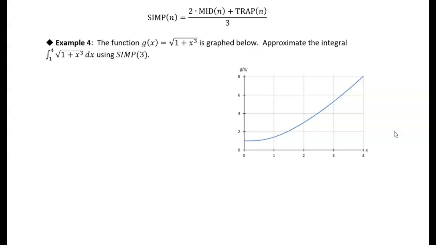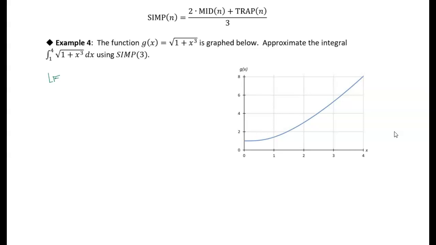Well, essentially we need to do everything, because in order to get the trapezoid rule, we have to average the right and left estimates. And so we have to calculate the left estimate, the right estimate, and then average the two to get the trapezoid rule estimate. And then we can calculate the midpoint rule. And then once we have all of that done, then we can calculate Simpson's rule. All right, so let's just dive in. We got a lot of work to do.